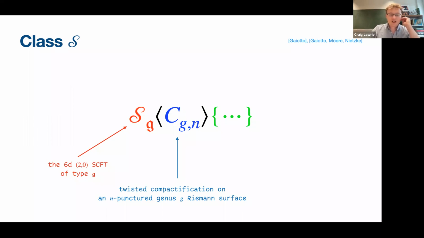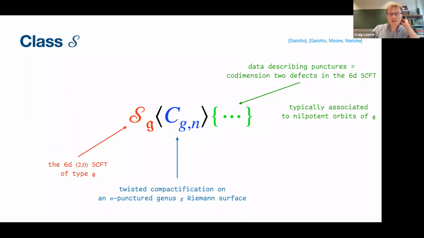Now, if I tell you that there are n punctures, I have to tell you what a puncture means. And that requires some data, which is this thing that I put in the green braces here. Typically, punctures are associated to nilpotent orbits of the ADE group that you start with, but not exclusively. I'll fill in more on what this means later.